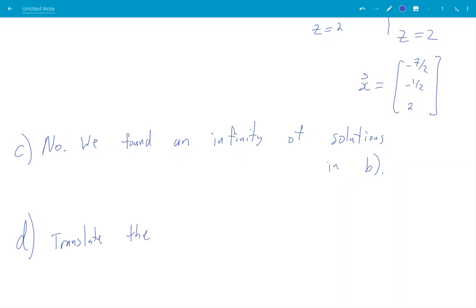So I'll translate this question: is C equal to T of x for some x in R3?